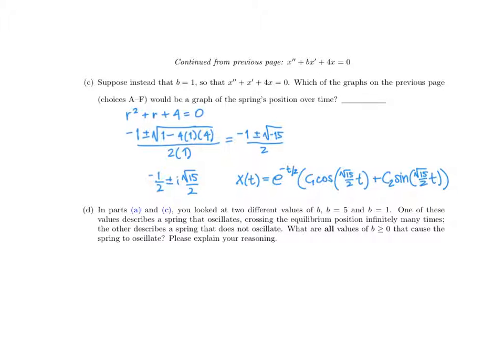All right, here's what I got. The characteristic equation, r squared plus r plus 4 equals 0, has two complex roots, -1/2 plus or minus i times root 15 over 2, which gives us a general solution which looks like this. Now the important part to note is that regardless of what C1 and C2 happen to be, this is periodic inside here, but it's being multiplied by an exponential function that is tending to 0.